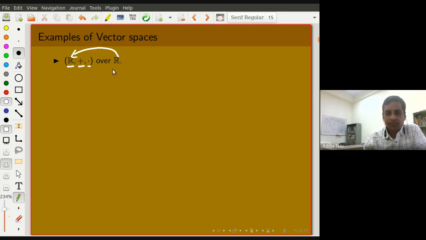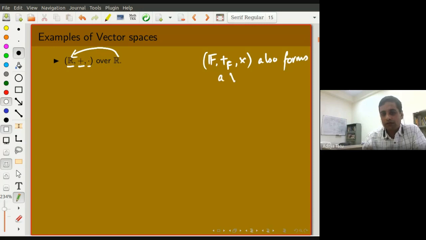And in general, if I give you a field F, then this field also forms a vector space over the field F. I hope that is clear.